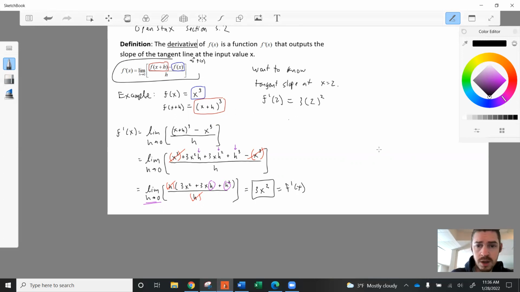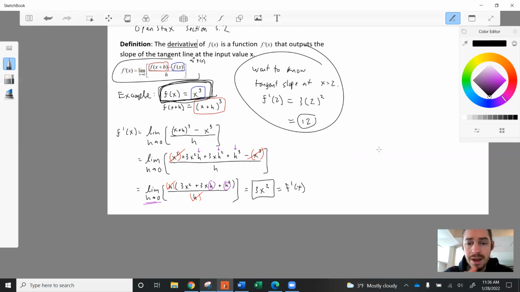That's 3 times 4, or 12. So that means that the slope of the tangent line at x equals 2 for this function, right? All of this is relative to this particular f of x, x cubed. That slope is 12. So you can do this at any x value you want, because you have a rule that gives you the tangent slope at any x value that you want.